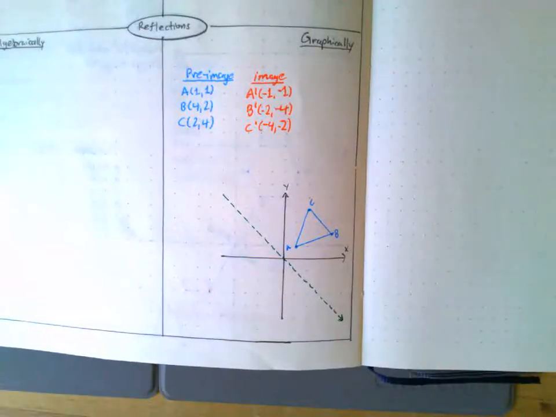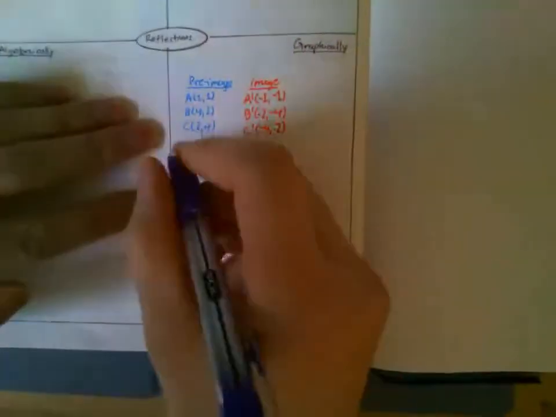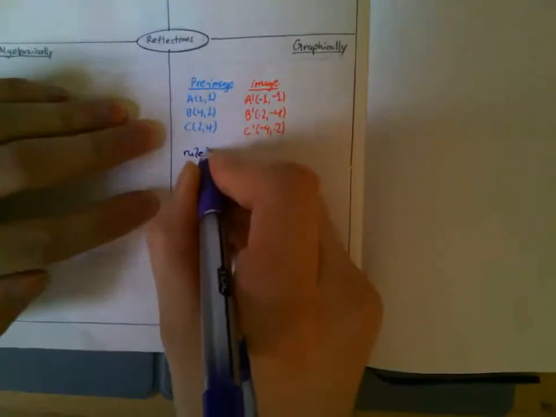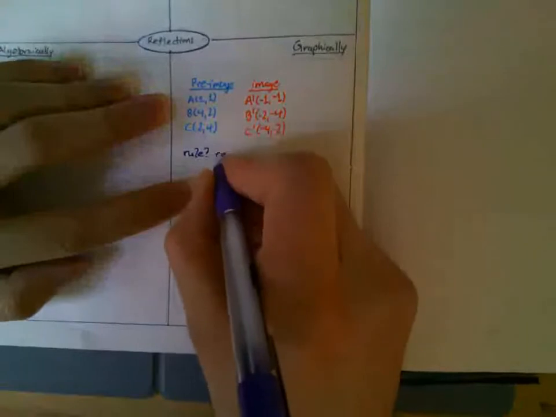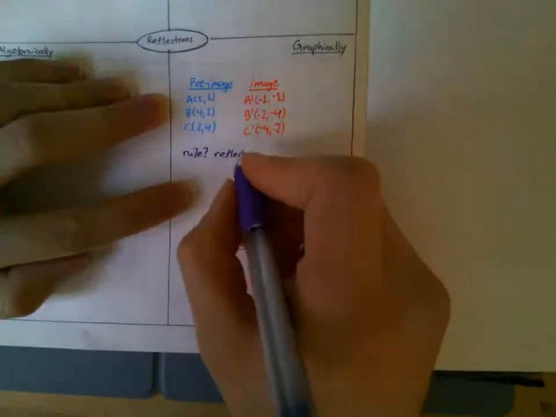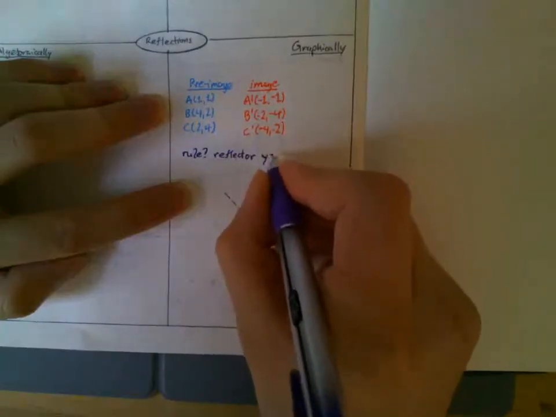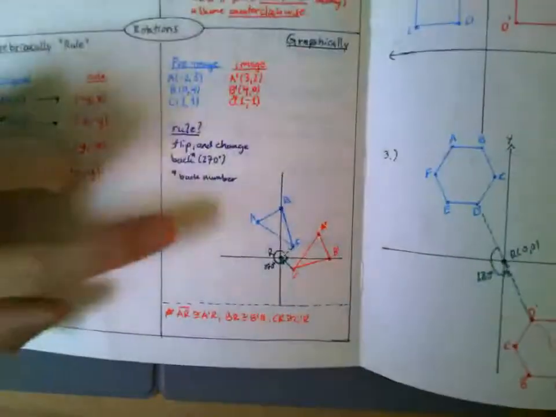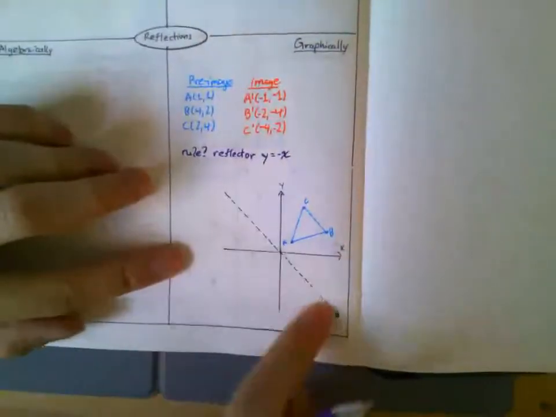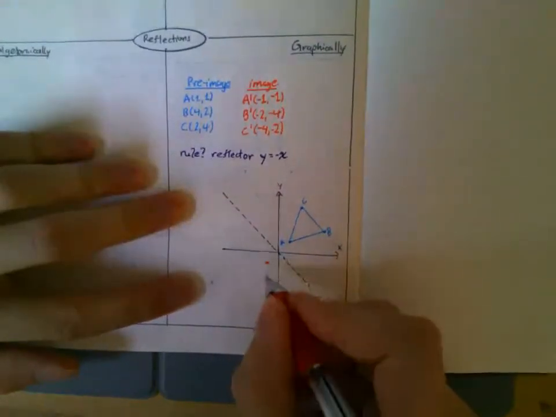So our rule for this guy is we reflect, or we have a reflector of y equals negative x. Okay? So we're going to flip him over there. If we do that, we end up at negative 1 for A prime.